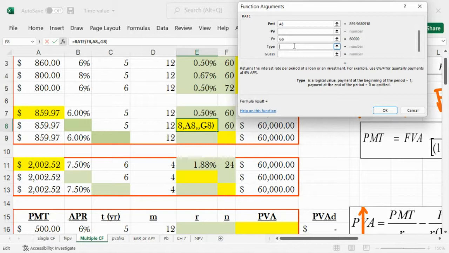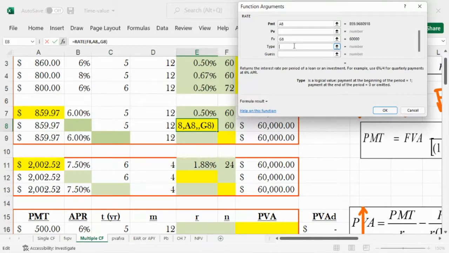Anyone? The question is, why is it 1? Why do you think you put 1 for annuity due? Because it's 1%, 100%. 100%?